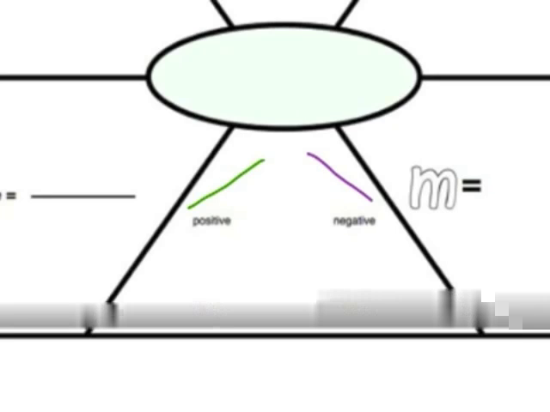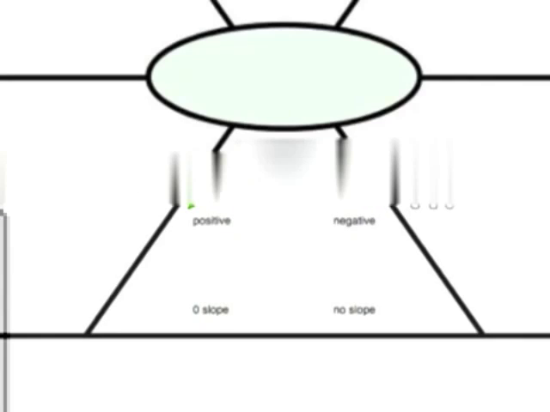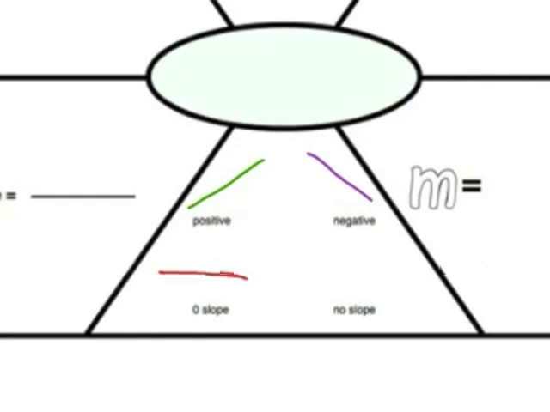Now zero and no slope are when it gets a little bit tricky. Zero slope is a horizontal line, and no slope is a vertical line like this. Now obviously the lines aren't perfectly straight, but they're just here for some reference. So remember that from left to right, going up positive slope, going down negative slope, horizontal, zero, vertical, no slope.